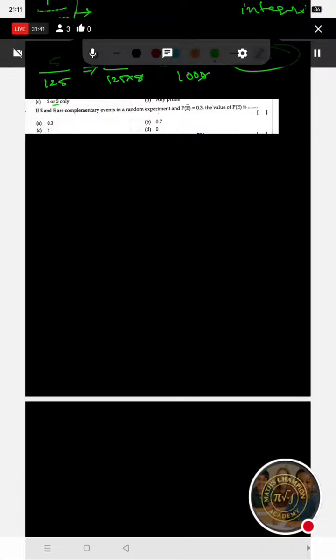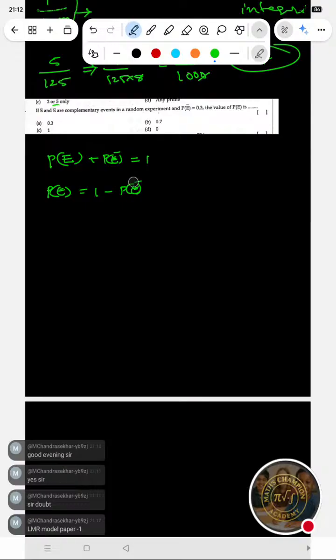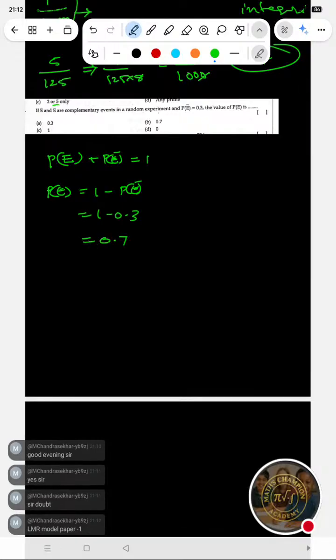Here complementary means we already know in probability P of E plus P of E bar is equal to 1. So P of E bar is given, then P of E is equal to 1 minus P of E bar. So that is 1 minus 0.3. How much are you getting? 0.7.